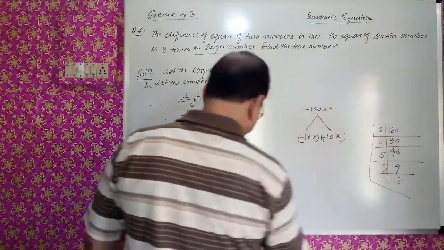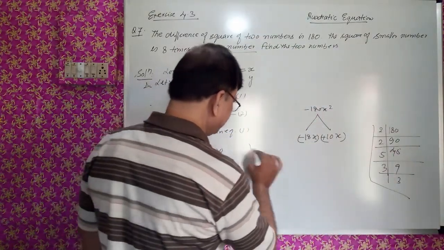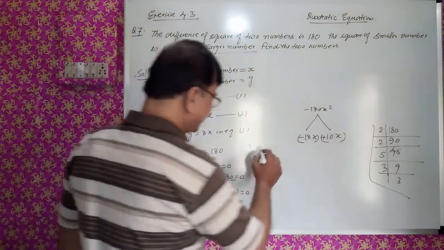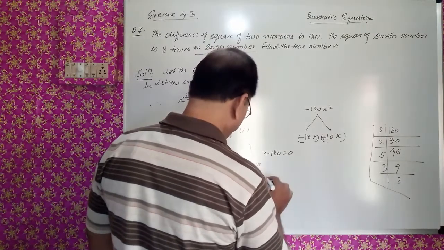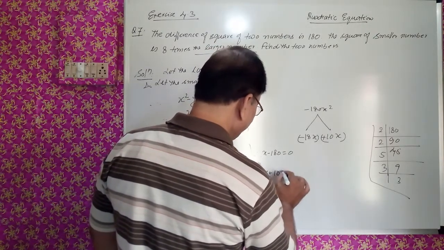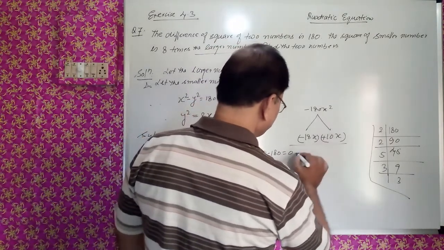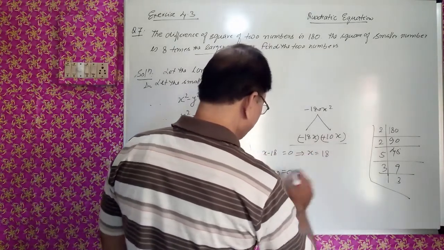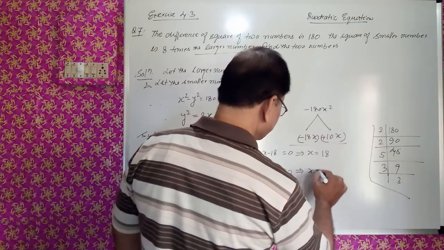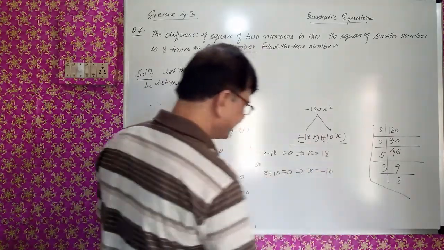Therefore, we can further write x minus 18 is equal to 0 or x plus 10 is equal to 0. So this implies x is equal to 18 and this implies x is equal to minus 10.